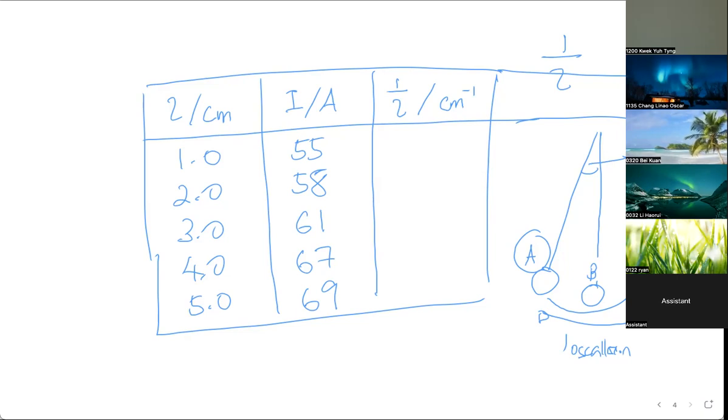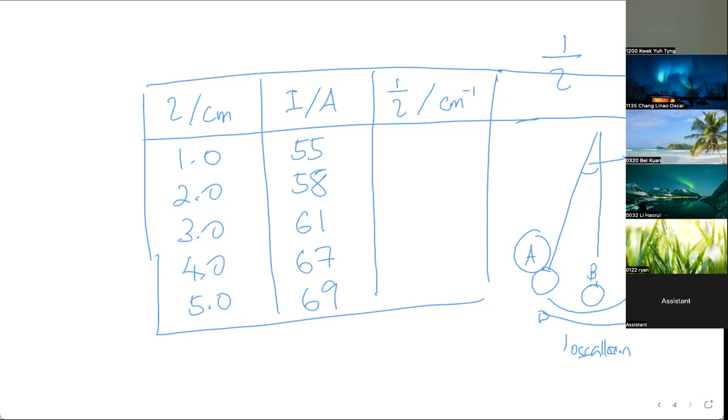Ryan asked me, Ryan, can you type for everybody? Don't just show to me. Ryan asked about oscillations.